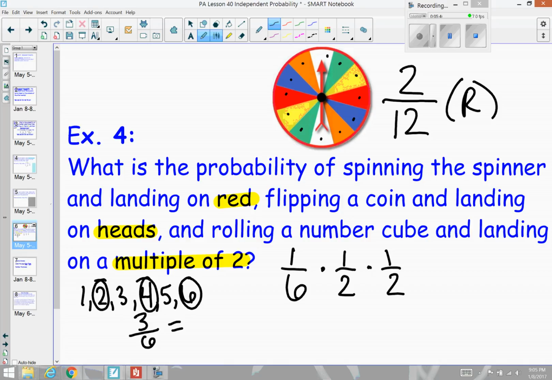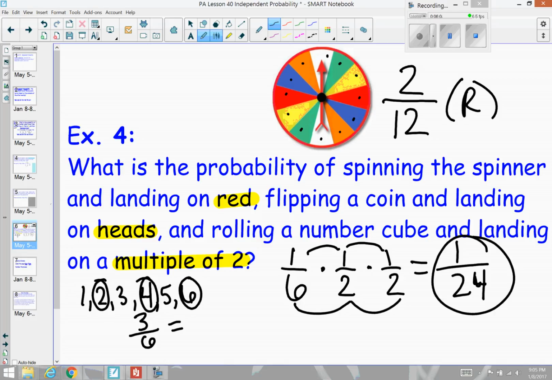Okay, so what is the final probability of getting this combination of these three independent events happening? So 1 times 1 times 1 is 1. And 6 times 2 is 12, times 2 is 24. So the probability of these events happening is 1 out of 24.